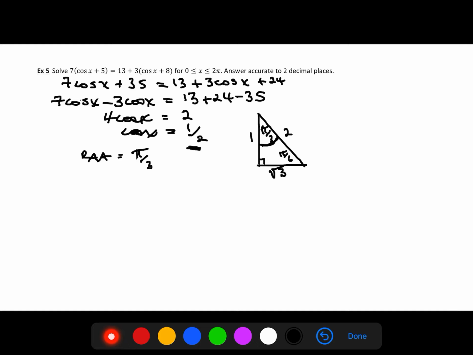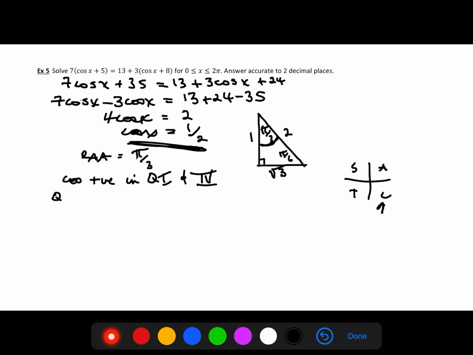So our related acute angle from our special triangle is pi over 3. We look at the sign: cosine is positive in quadrant 1. And again, CAST rule means quadrant 4 is our other positive value for cosine. So quadrant 1, we have pi over 3.